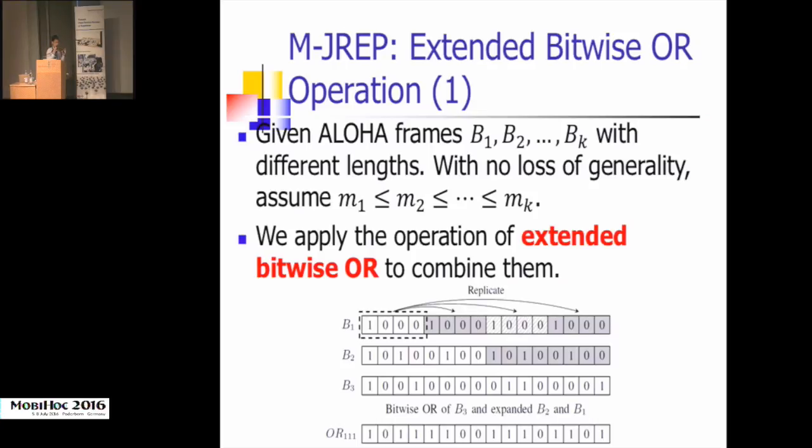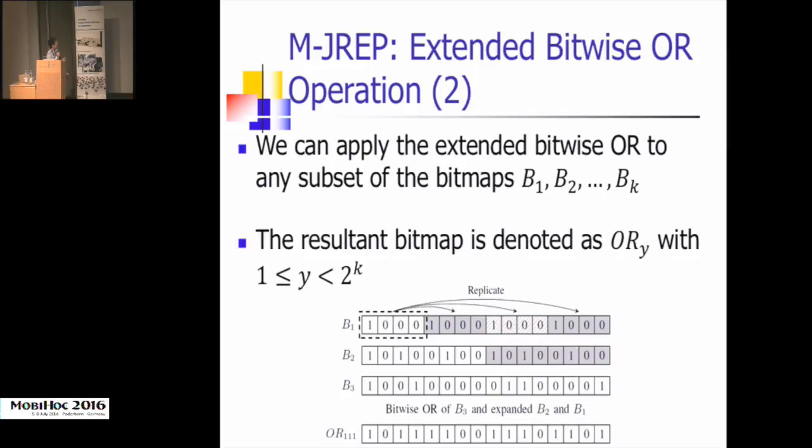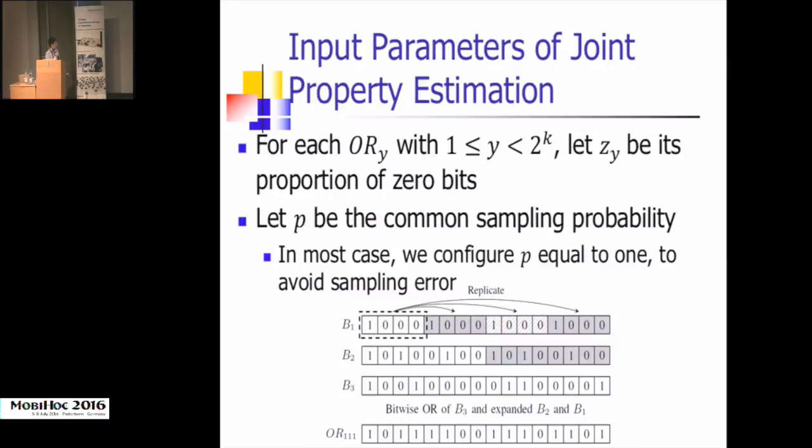How we can extract the joint property information from the extended bitwise OR operations is the key problem. Note that we can apply the bitwise OR operation to any subset of the bitmaps B1, B2, through BK. The resultant bitmap can be denoted by OR with the suffix Y, and Y denotes whether each bitmap participates in the bitwise OR operation.